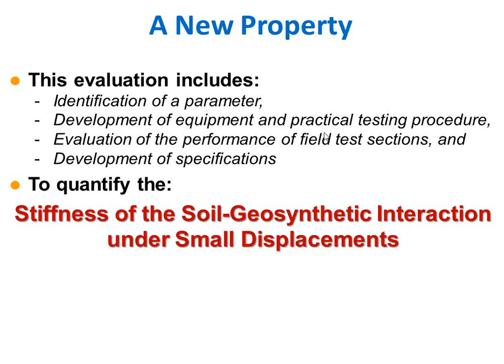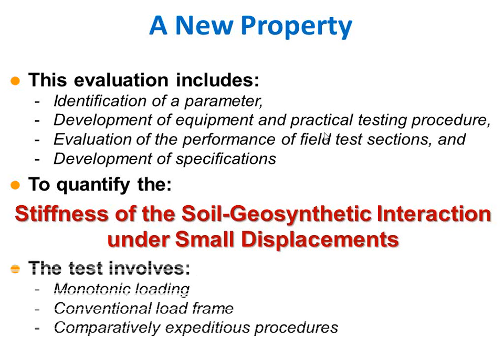Maybe the best way to describe it is the stiffness of the interaction, if we can say something like that. We have recently relabeled it the stiffness of the composite. And it's under low displacements. And for sure, this property matters. What we're not sure of is whether this is the only property that matters. But for sure, this property matters.